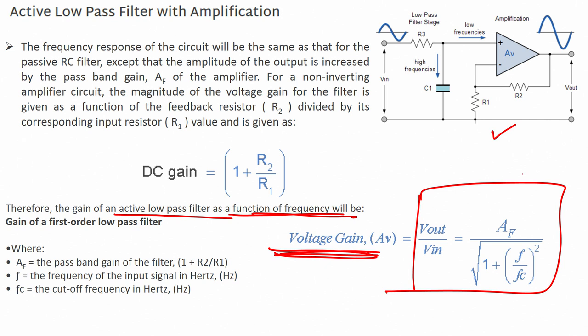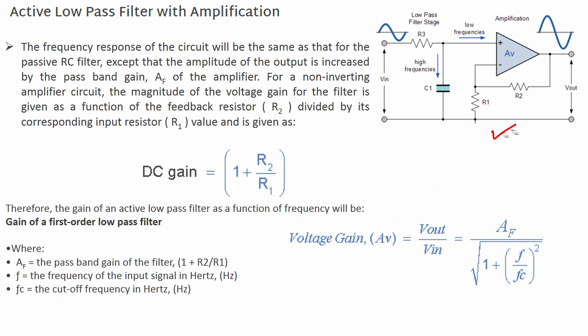Now, there is a derivation for this, but we are not interested in deriving this particular equation. But I can always tell you which book to refer to if you want to understand how this equation is derived. So you can ask me if you are interested. If not, you should understand how you can implement the circuit and how you can design the circuit.